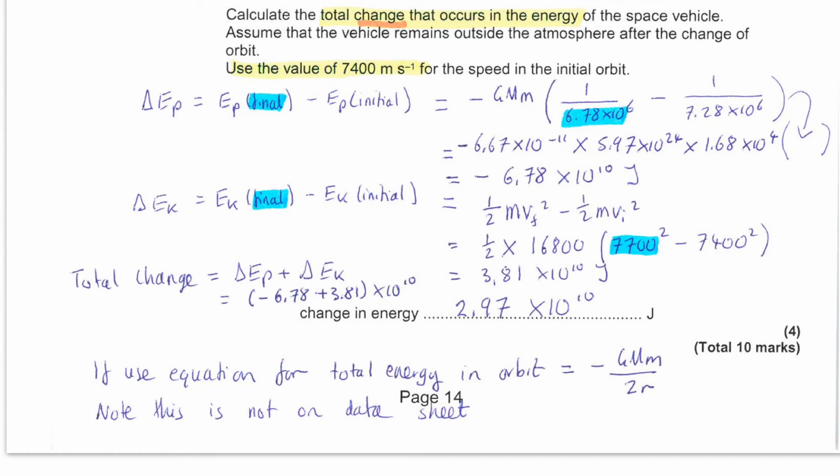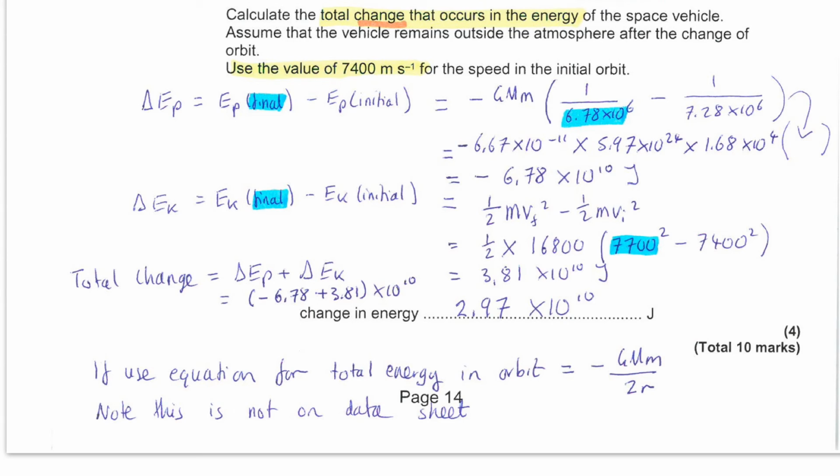So you can see I've brought that down. We now subtract the initial potential energy, so there's my subtraction sign, and that is equal to minus GMm divided by its radius of orbit. You can see that this minus and this one would combine to give a plus, and you could then reverse these two terms if you wished.